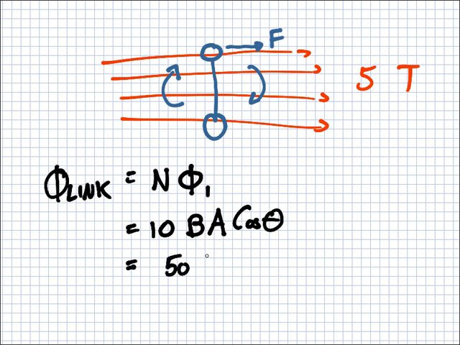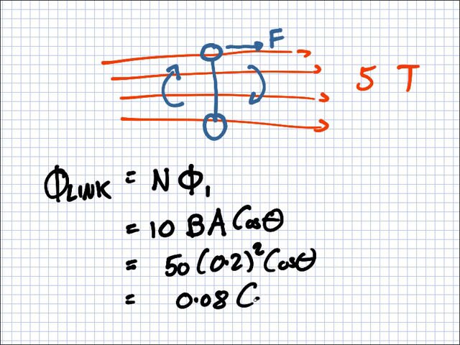So that's 50, and the area is 0.2 squared, cos theta. Could you type 50 times 0.04? Is that 0.08? Is that right? 50 times 0.2 squared? 2? Yeah. Oh goodness, sorry.